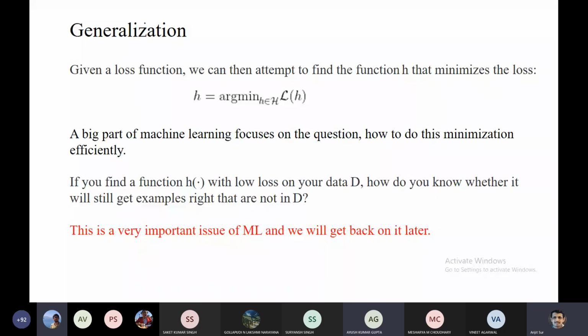That is called generalization. Maybe this is a bit complicated to understand here. Now let's see what we have said.